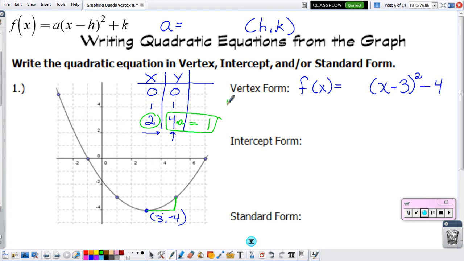So this is a little equation we can solve. 4a equals 1, divide by 4, a is 1/4. So I will fill in my equation, and there is my a, 1/4. And that is the equation of this quadratic in vertex form. Later we will come back and look at intercept form and standard form.